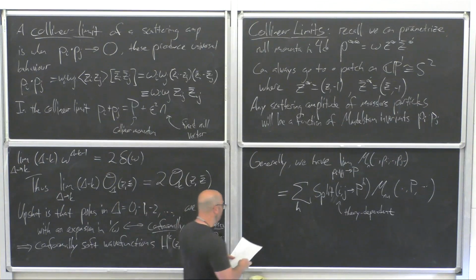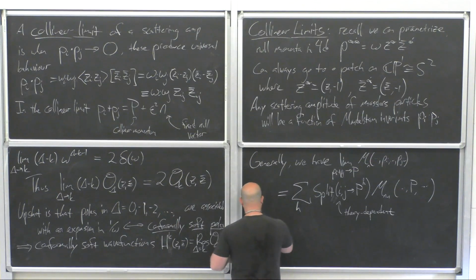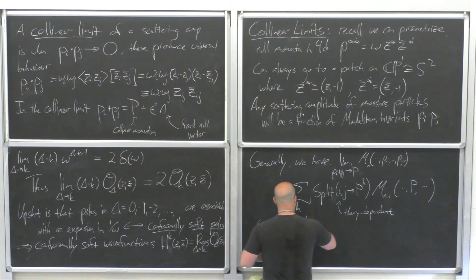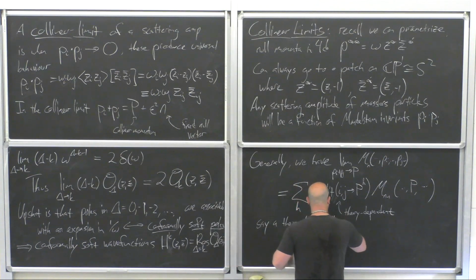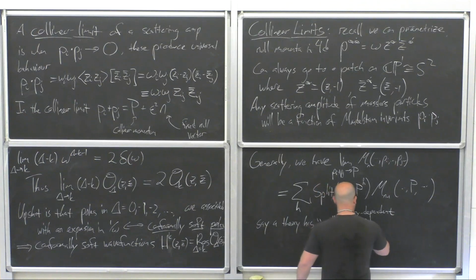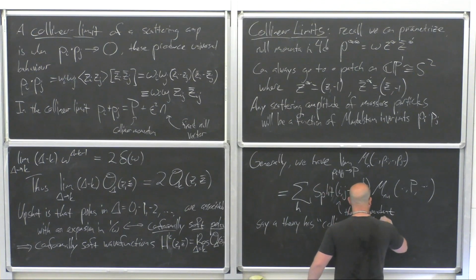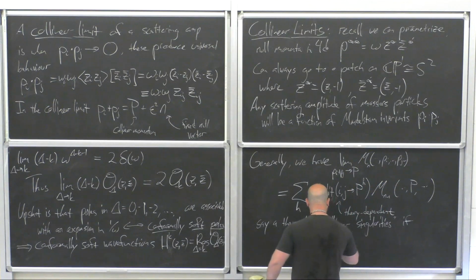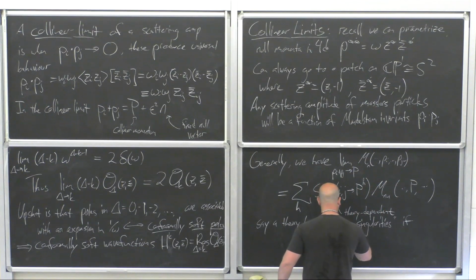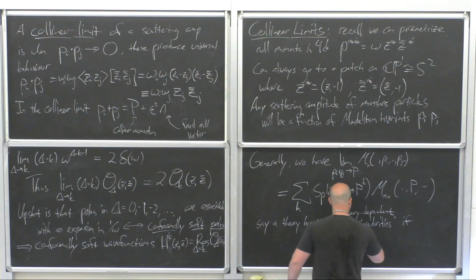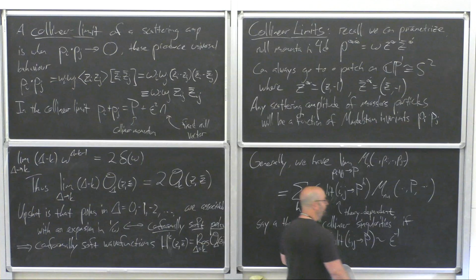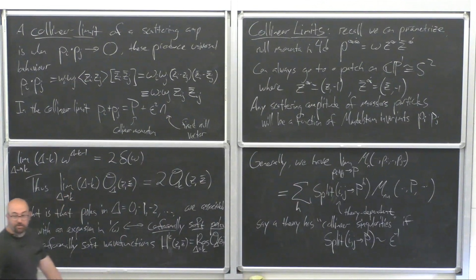And we say that a theory has collinear singularities if this splitting function of ij goes to P goes like 1 over epsilon, where epsilon was the parameter controlling the collinear limit.